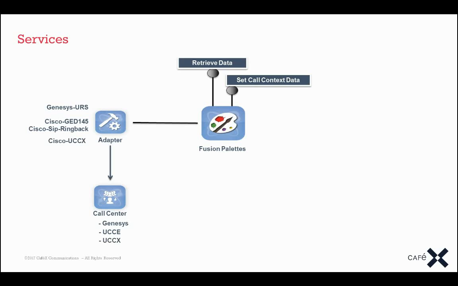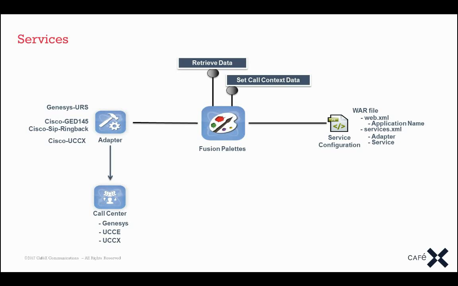Then we come to the service configuration component, which is a WAR file deployed to the FAS. It contains a web XML, which defines an application name. An application is a logical representation within palettes of the association between the adapter and the service configuration component. Also within the WAR file, there's a services XML file which defines the adapter that this configuration relates to, and the service that this application will expose.